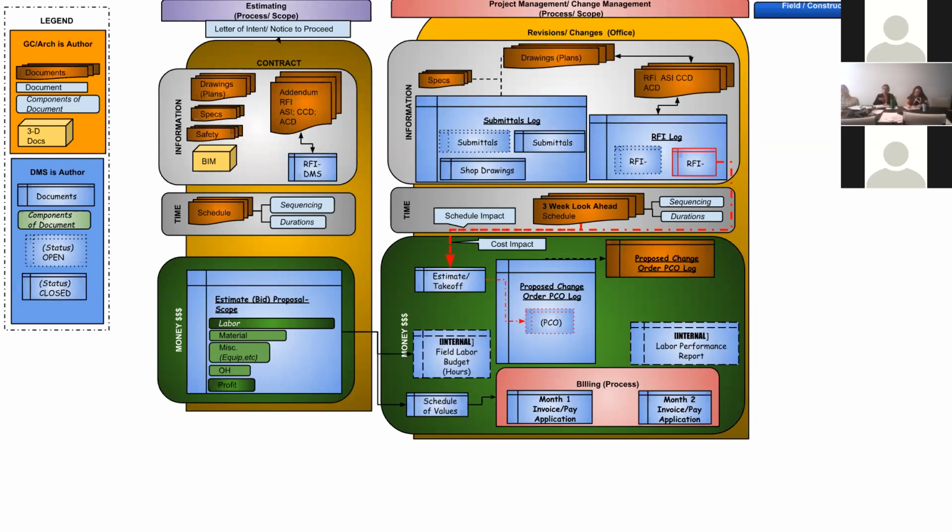Normally I would be having very light conversations with the project management team and our general contracting team to say, where are we at with the PCO log? How many items are open? How many items are closed? Which items will be closed out? What can we do about this? What can we be doing to get this resolved? When it gets resolved, the general contractor makes what they refer to as a change order.